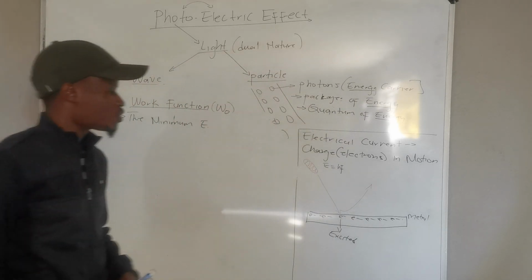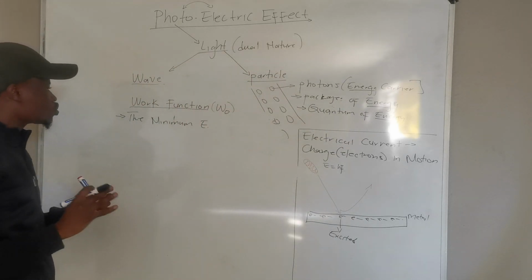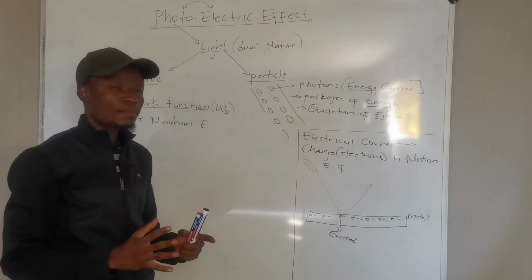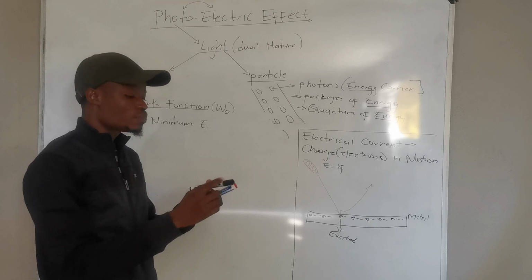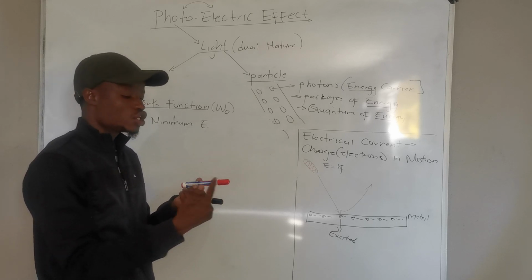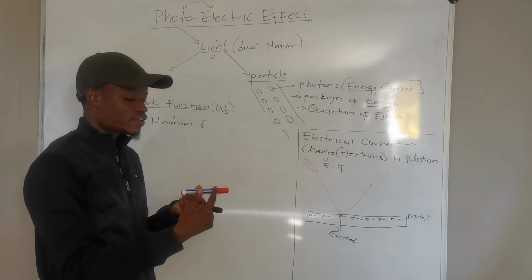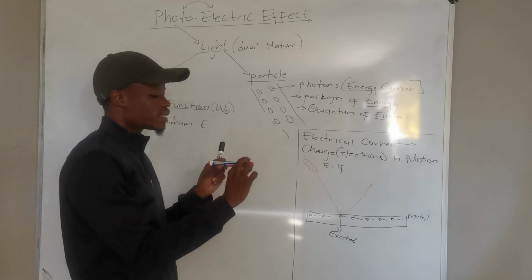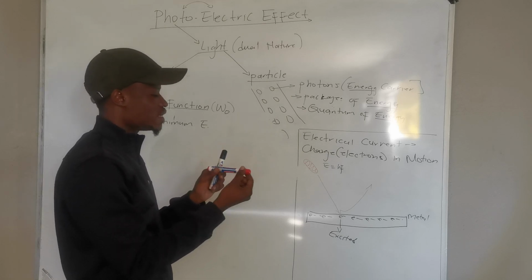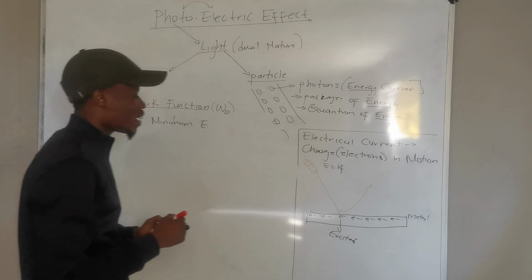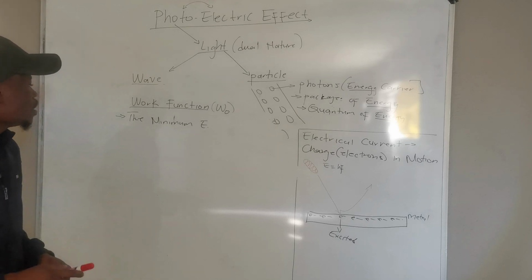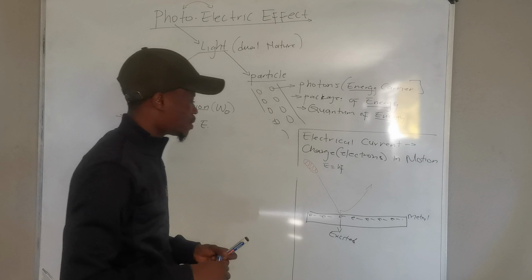Okay, so that is called the work function. Now, for me to remove this lead here, I need the minimum energy to overcome whatever energy these two are bound with. So, that minimum that I need is called the work function. Are we together?